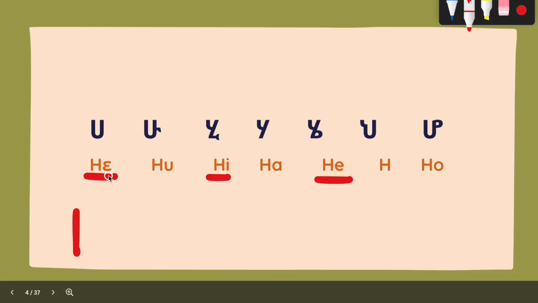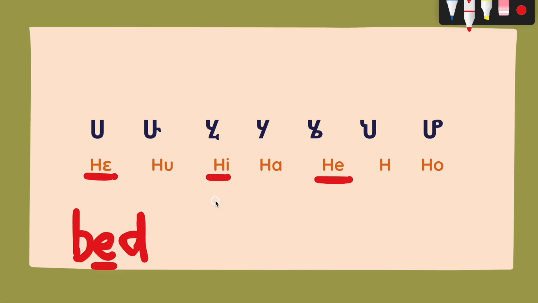The E here is going to be the same E in the word bed. The E here, he, it's the same E in the word, let's say cheese. Okay, cheese.